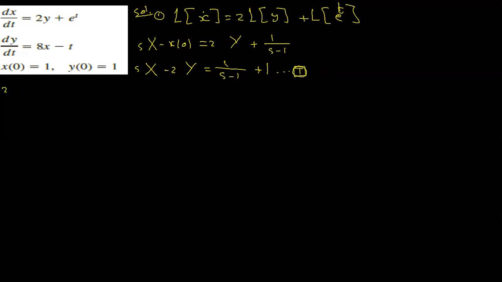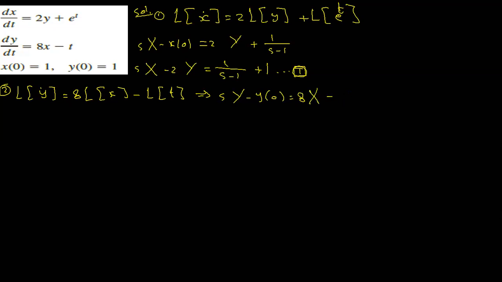Second step, take the Laplace transform of your second equation. It is y dot equals 8 times x small minus t. That will give me s Y capital minus y small of 0 equal to 8X capital minus Laplace of t, which is 1 over s squared.